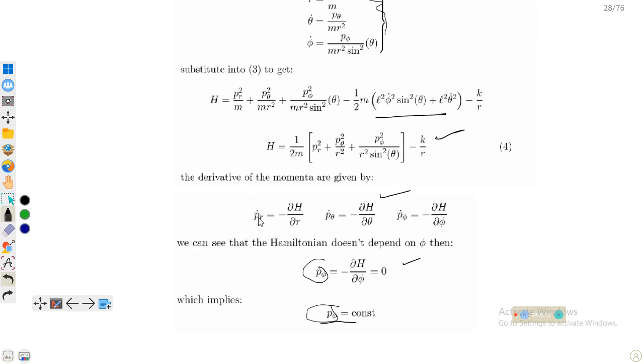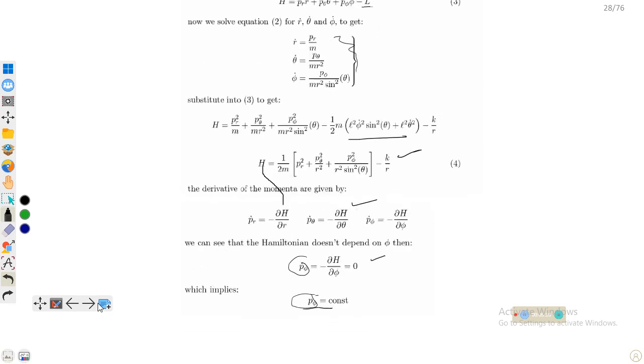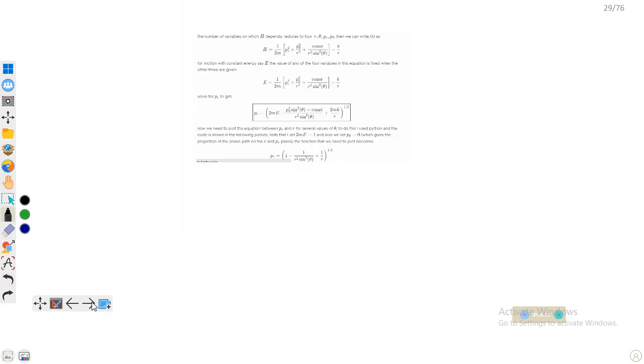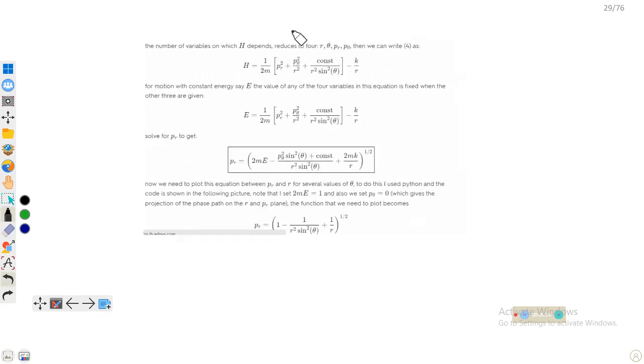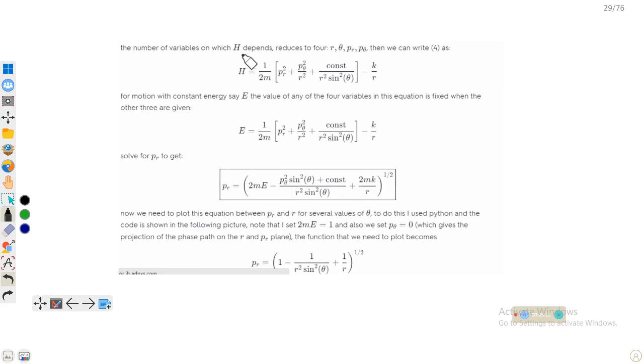Similarly, pr dot can be found by plugging the value of H into this equation and taking the derivative with respect to r. The number of variables on which H depends is reduced to four, r, theta, pr and p theta, because we know that p phi is constant.